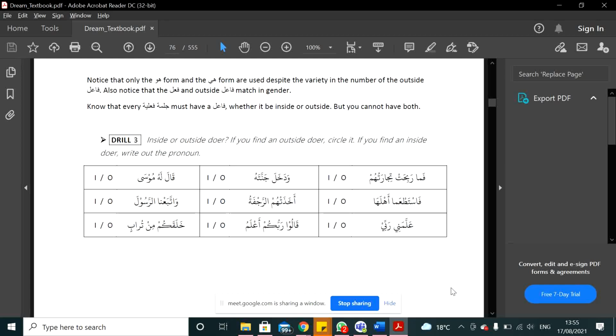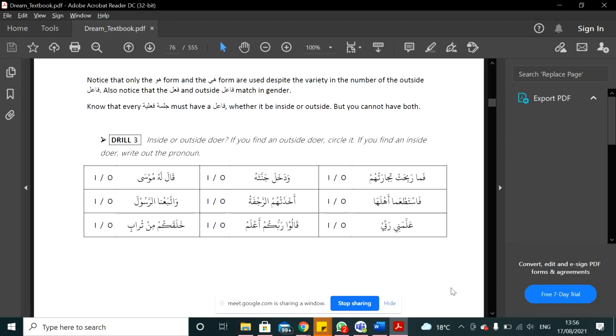If we say that we have a ta ending, it is usually a feminine word. Tijaratu and rabihat, they are both feminine. So we have an outside doer here. Tijaratuhum, their trade, is the outside doer for rabihat.